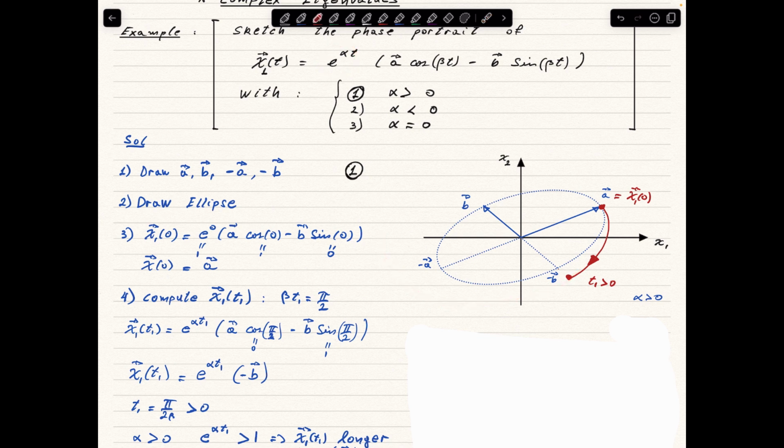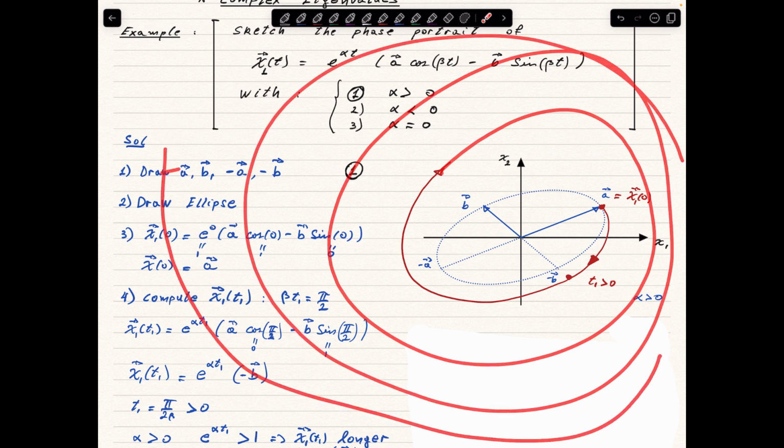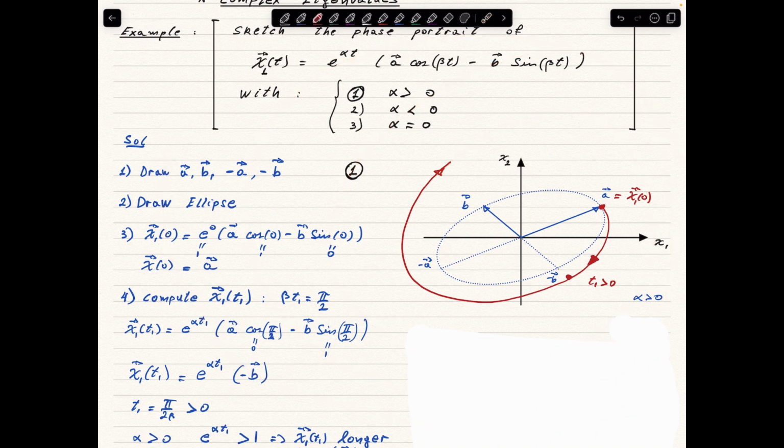So the result is an ellipse that goes like this. Actually, it goes like this and like this. I don't want to do the whole picture for obvious reasons, but it's an ellipse that goes outside when t is positive. t is positive and getting larger. What happens when t is negative? Well, that has to come from inside. So it has to come from inside like this. But when t increases, it moves outside.